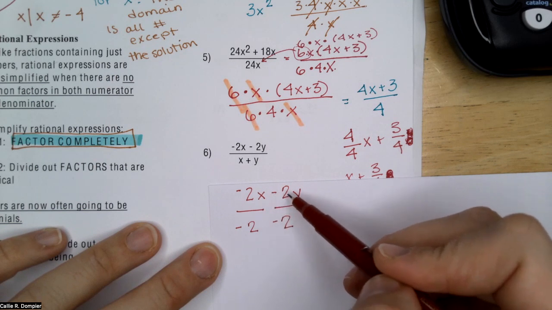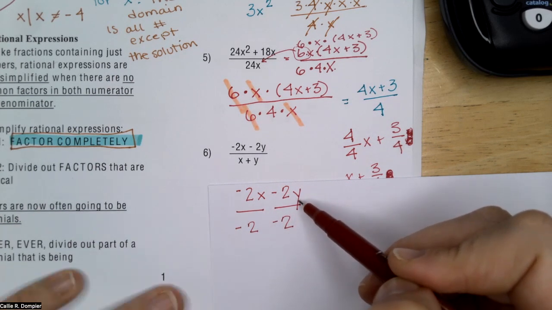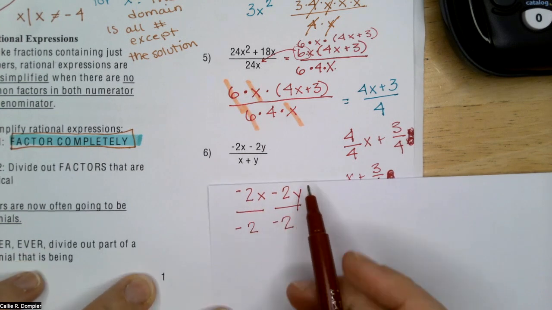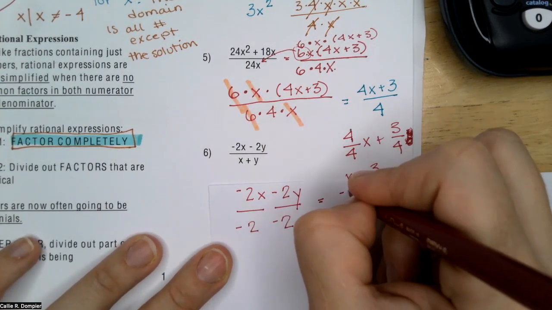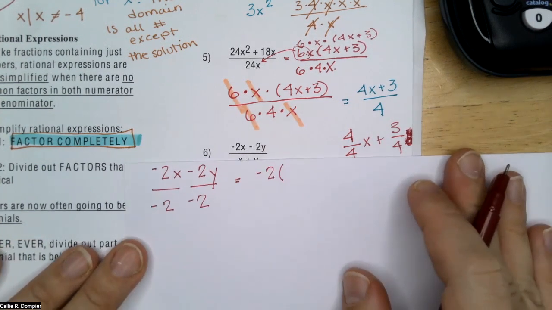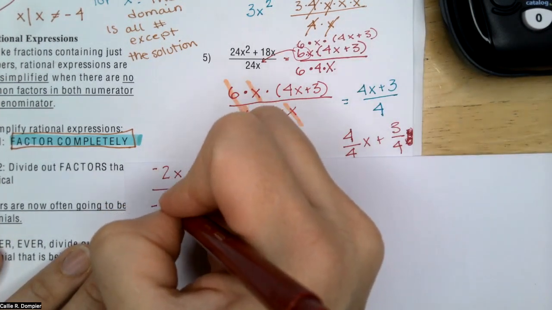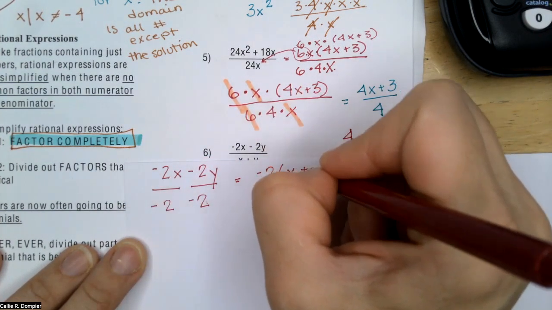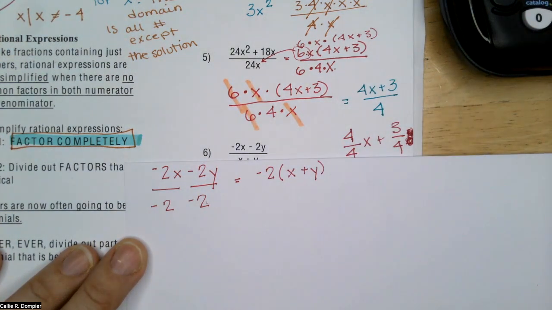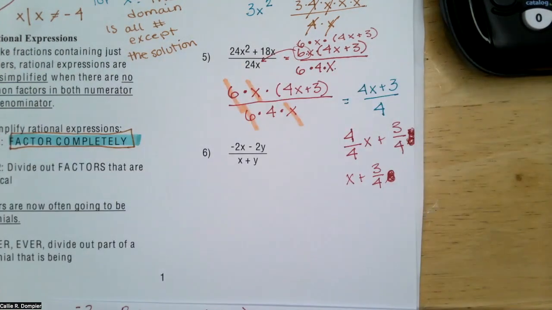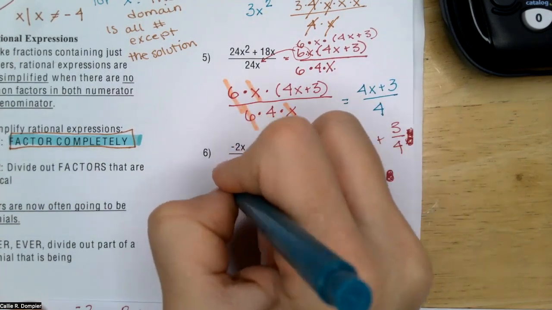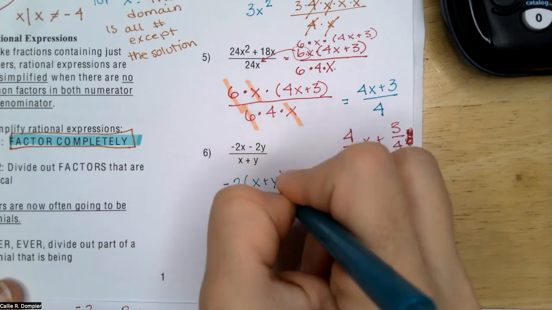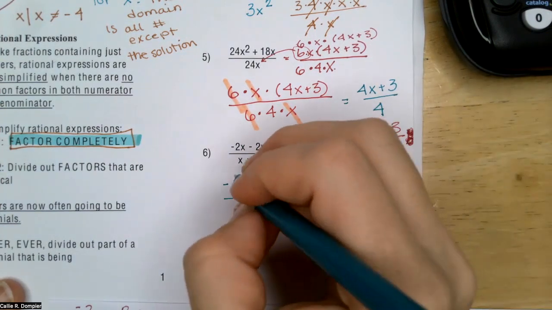So negative 2x minus 2y, we're trying to factor it completely. The only common factor to negative 2x and negative 2y is -2. So that becomes -2 times the quantity. Negative 2x divided by -2 is a positive x. Negative 2y divided by -2 is a positive y. So here I have -2 times (x plus y) divided by x plus y, perfect, right?